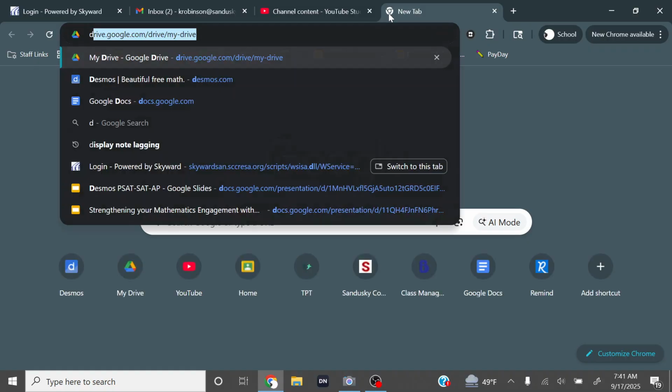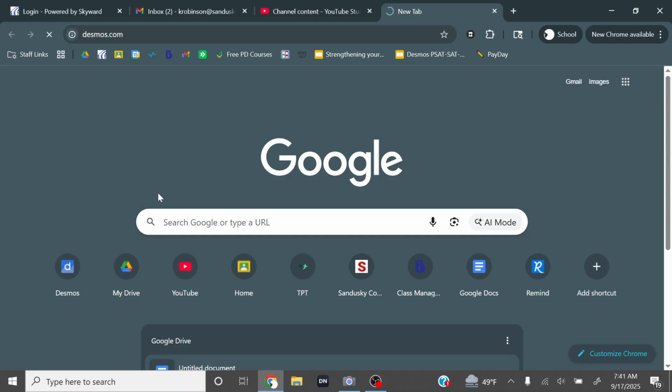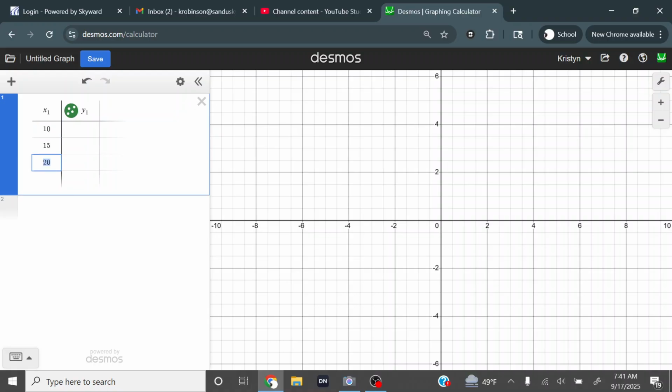So, opening Desmos. We open the graphing calculator. You are going to hit Add Table. If you want to make notes on your note packet while I'm doing this, go ahead. We're entering the data. 10, 15, 20, 25, 30, 35, 40.